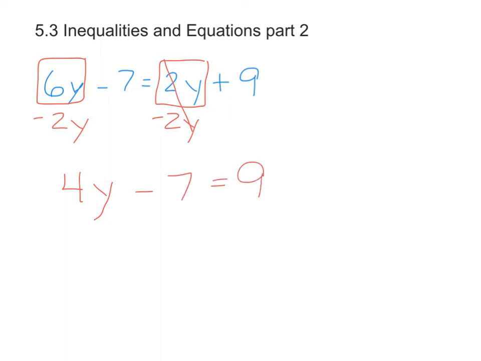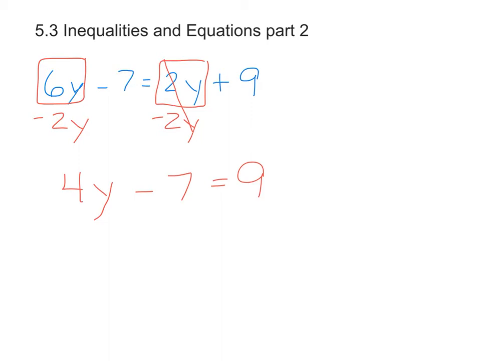Now, to get my minus 7 and my 9 together, I don't want to end up having to go negative. So I don't want to have to take away 9 from each side because 7's not big enough for that. So remember how we undo the operations? If this is the subtract, then I want to add.